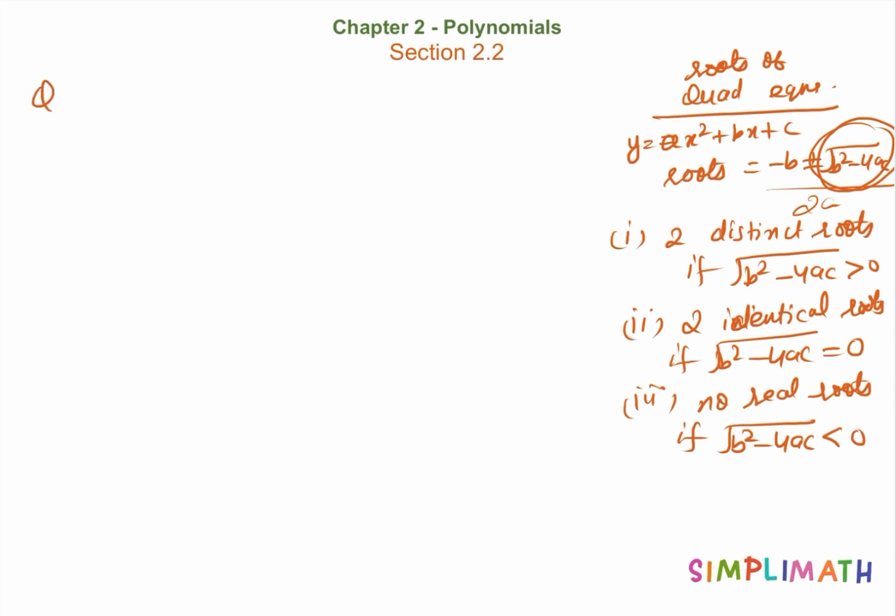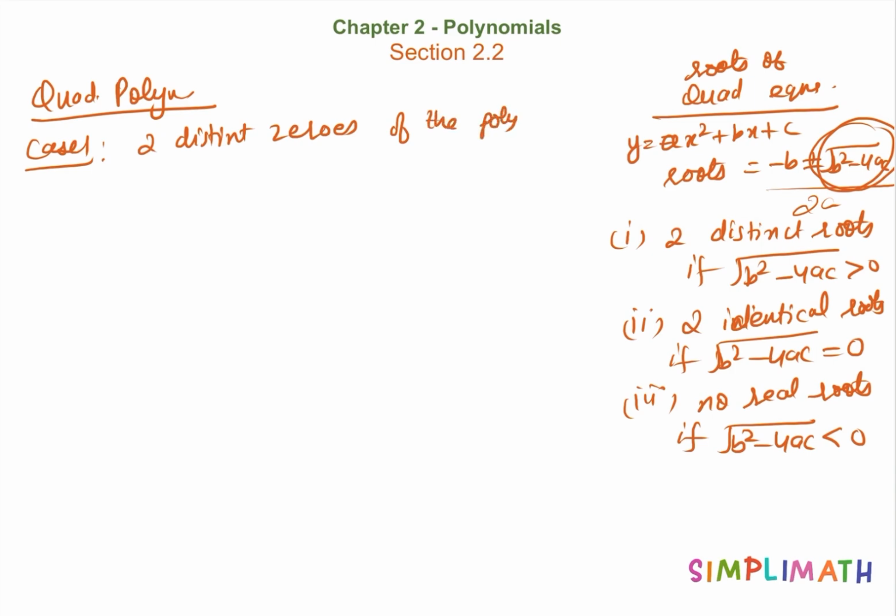So now for quadratic polynomials also, we have three cases. Case one is we get two distinct zeros of the polynomial ax square plus bx plus c.